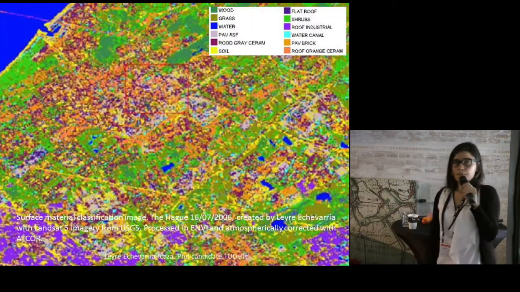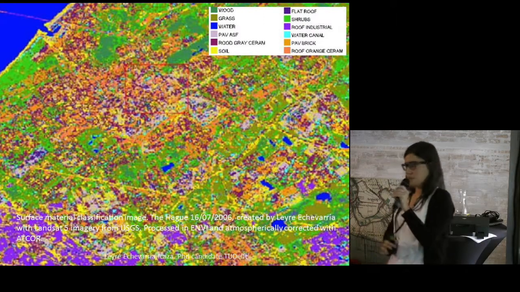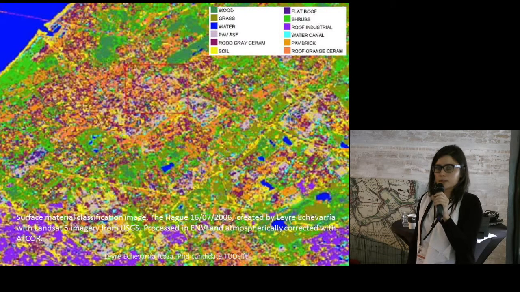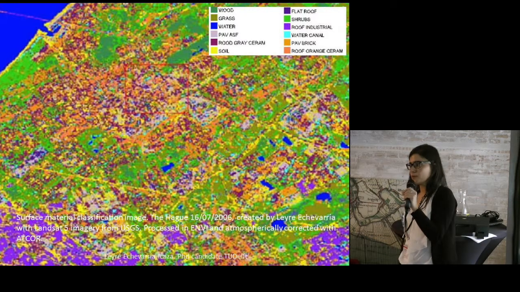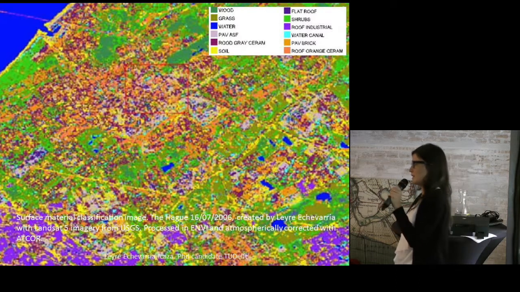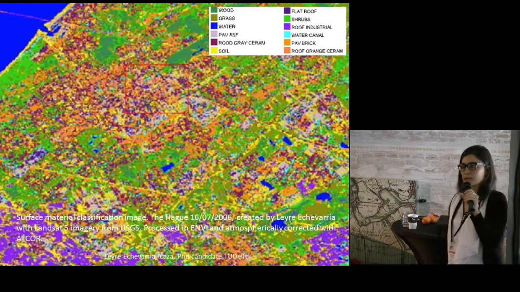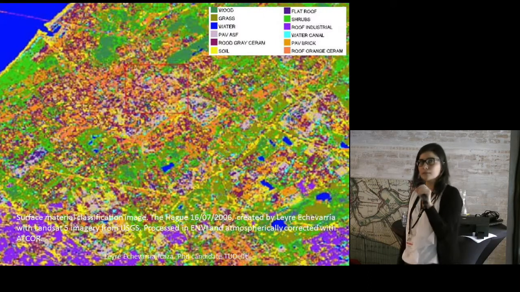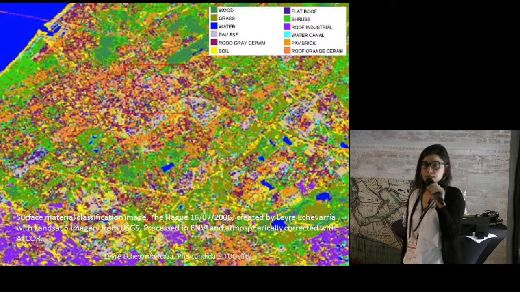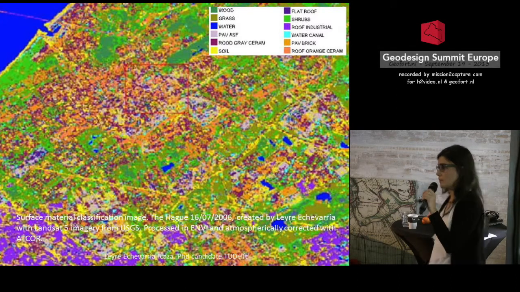So we saw that I had some slides with GIS, but I want to keep it short. The information that we retrieved with GIS is often very accurate for the assessment of the amount of water surfaces. But when it comes to the assessment of greenery or the classification of different roof types and so on, we encounter several problems.